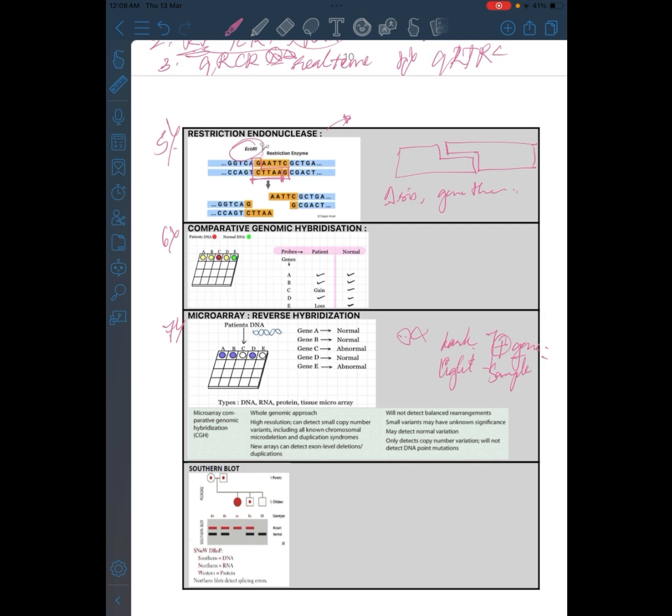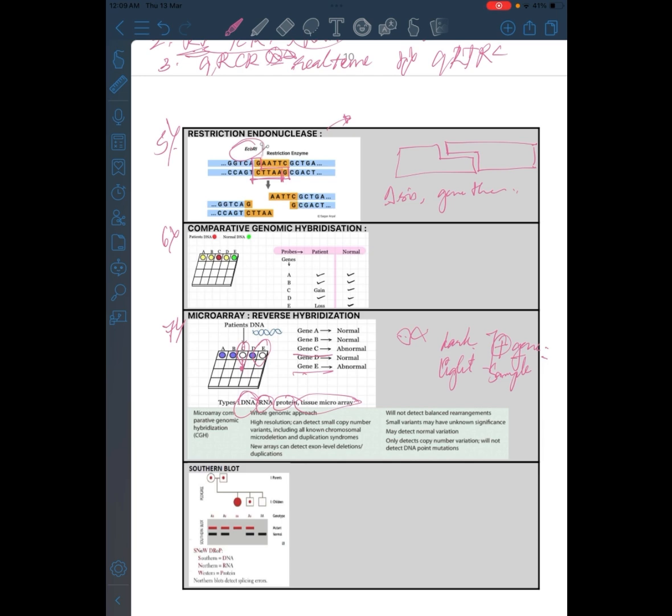Okay, so this can be used for DNAs, RNAs, proteins, and tissue microarrays. As you can see, the lighter part means that the gene is in sparse amount or is completely absent, in the wells of microarrays in C and E.